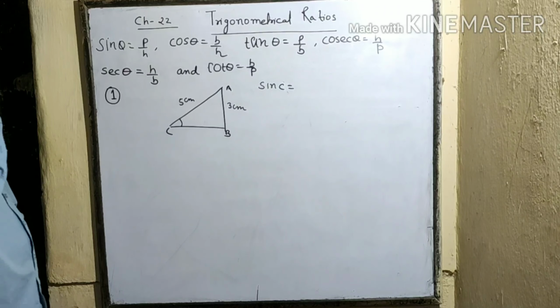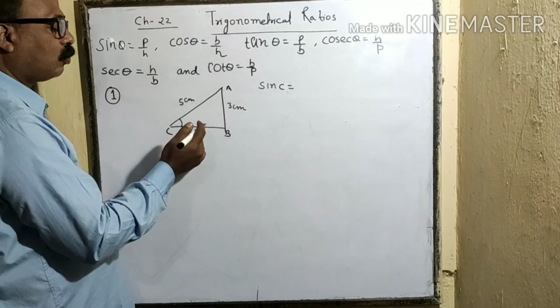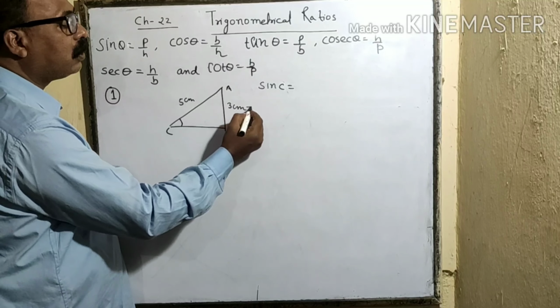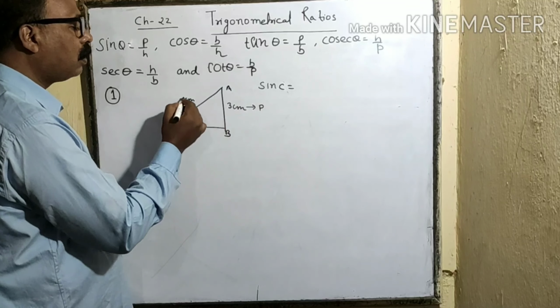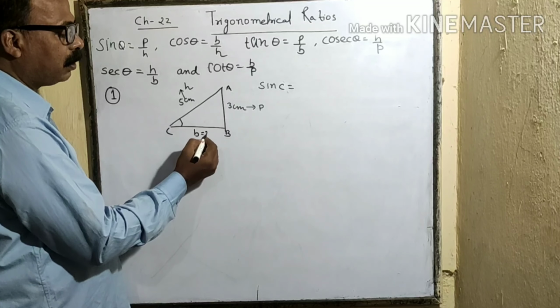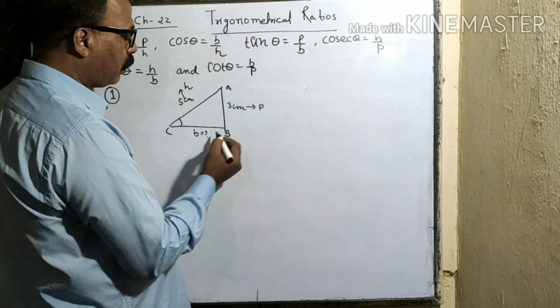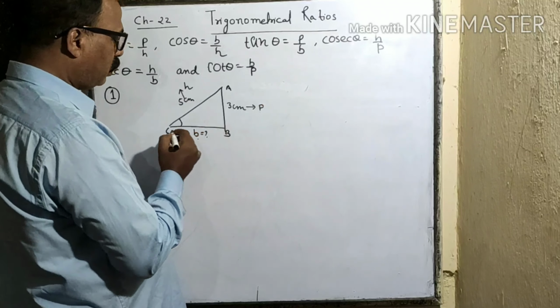So at first we will find out this one. For this angle C, the 3 will behave as P, this will behave as H, and this will behave as B. By Pythagoras formula, at first we will find out the value of B, meaning the CB length.